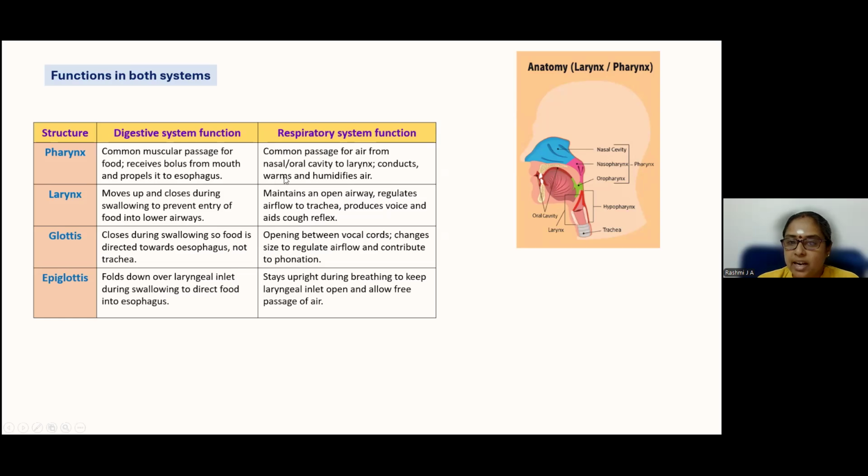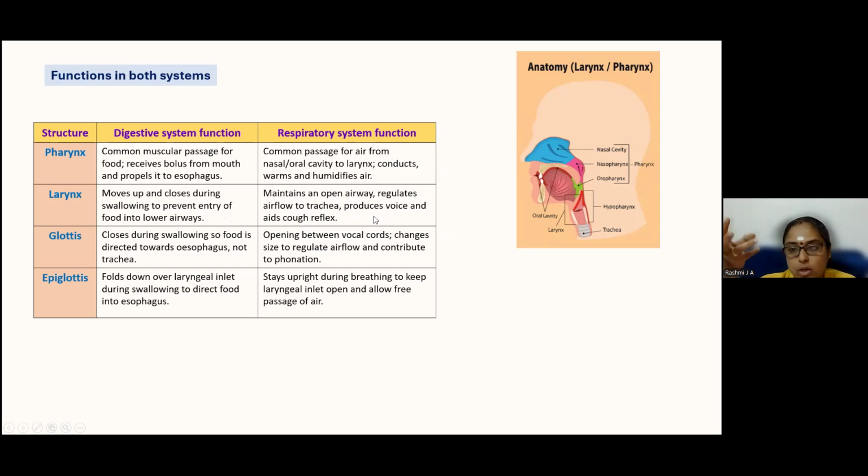It conducts the air, warms it and humidifies it. Then the larynx moves up and closes during swallowing to prevent the entry of food into the lower airways. Here it opens and regulates the airflow to the trachea.